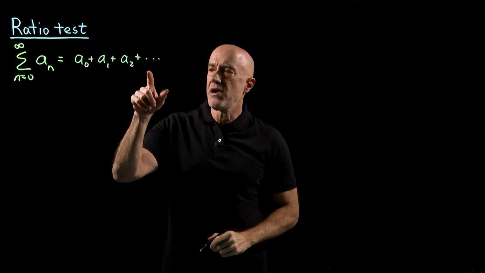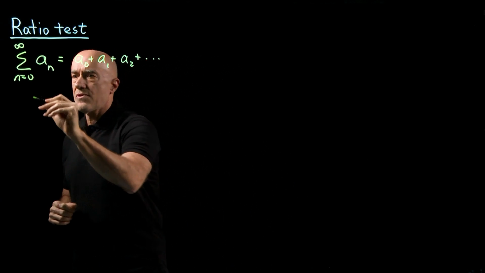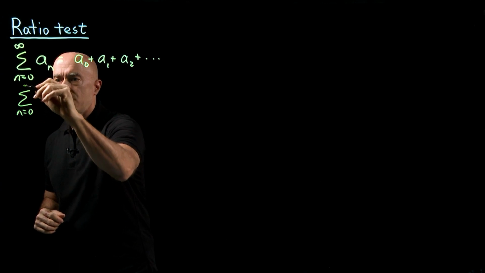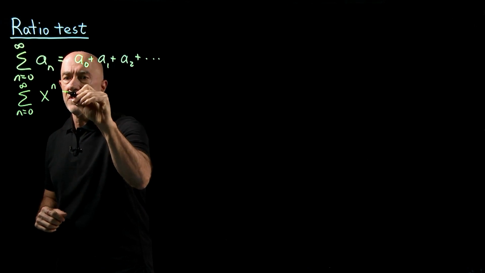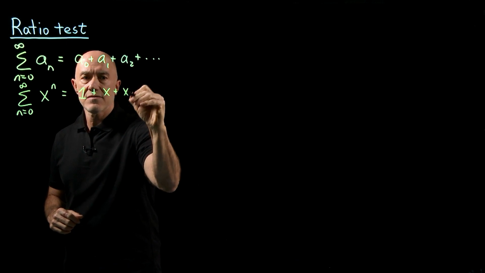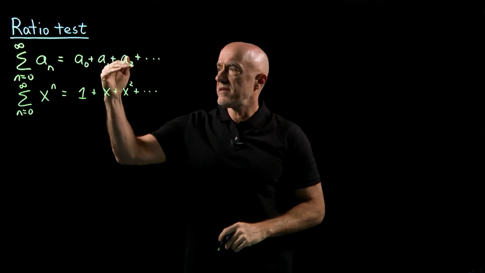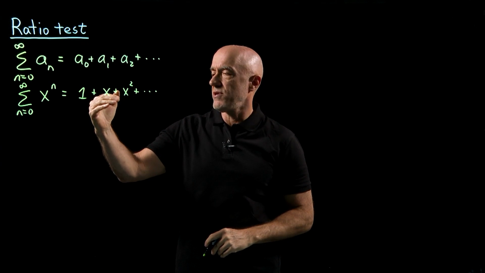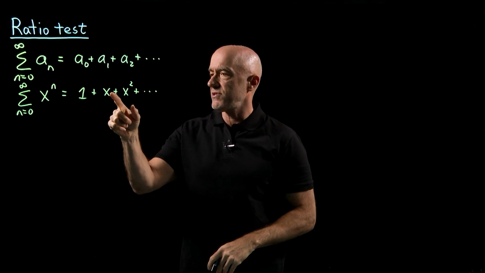And I want to compare this series to the geometric series. So remember, the geometric series was the sum from n equals 0 to infinity of x raised to the nth power. So that was equal to 1 plus x plus x squared, etc. The reason I'm comparing a general series to the geometric series is because we know the convergence properties of the geometric series.